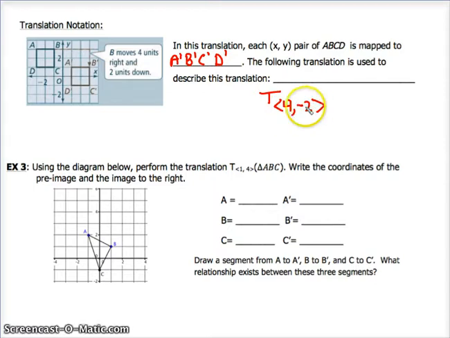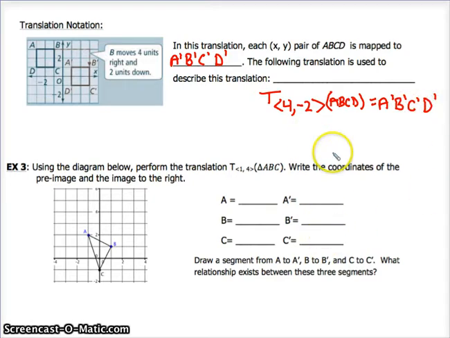So I end up with this ordered pair that tells me how much I'm moving to the right and how much I'm moving down. Now, I have to talk about what figure I'm moving. ABCD is the figure that I'm moving. After I translate this figure, the resulting figure is A prime, B prime, C prime, and D prime.